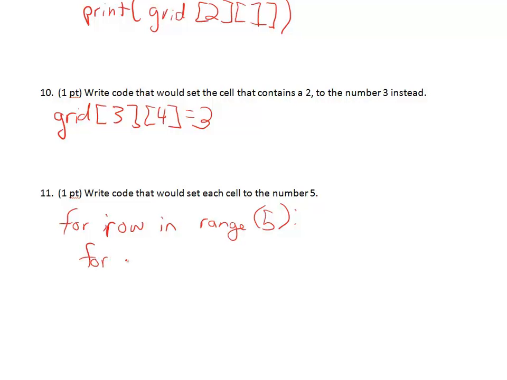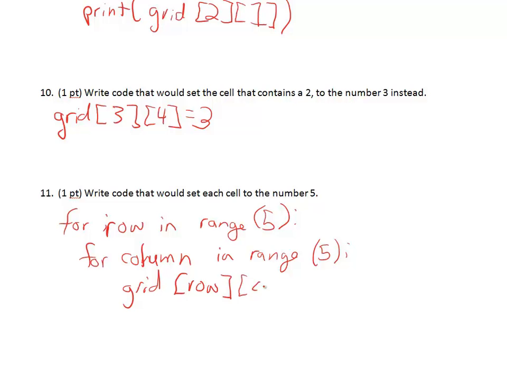For column in range 5, and then take grid row column equal to 5. Whoa, got a lot of 5s there.